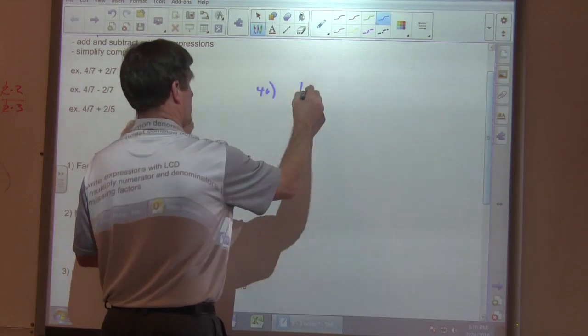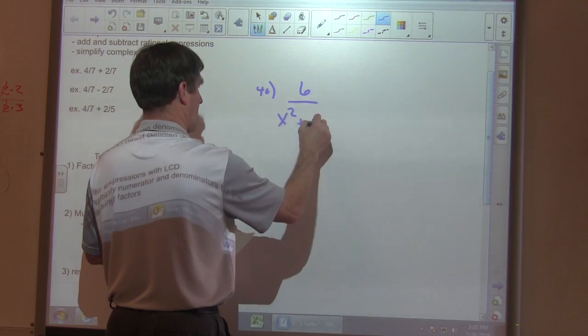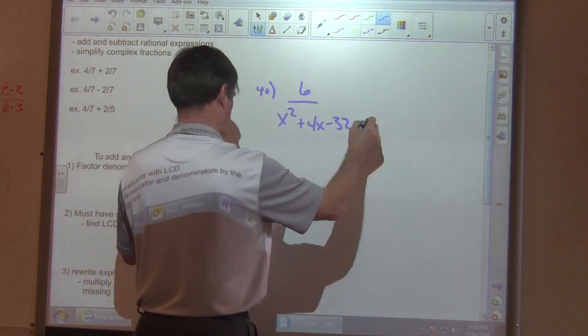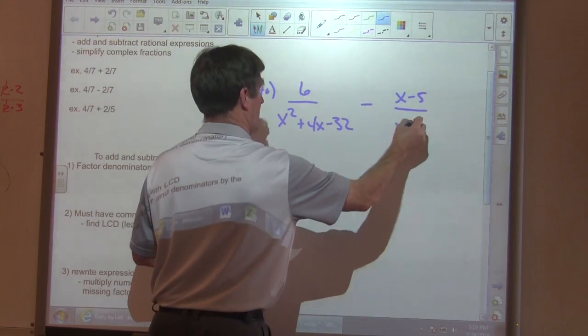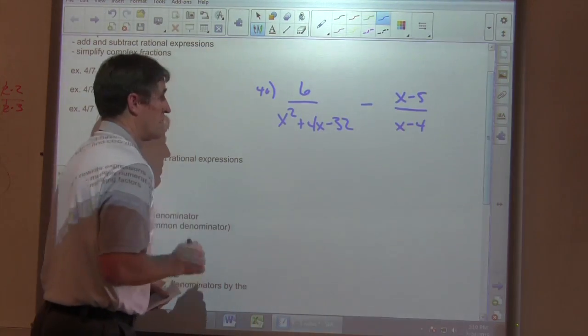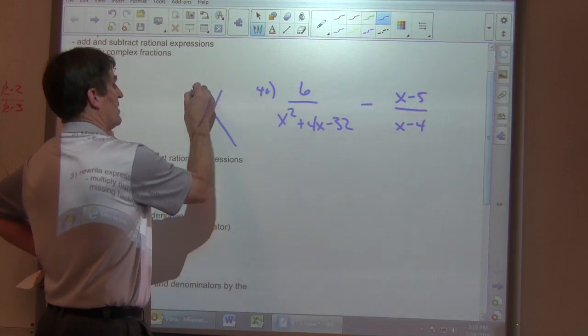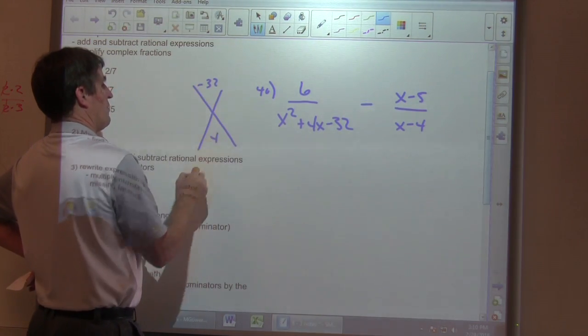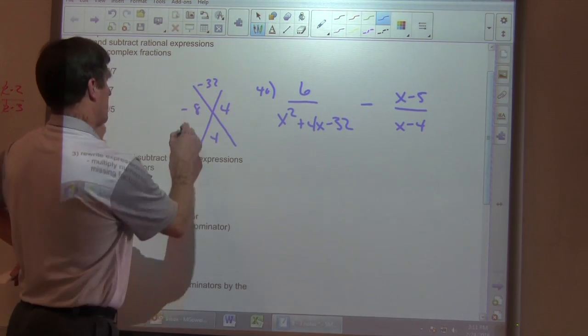40 says 6 over x squared plus 4x minus 32 minus x minus 5 over x minus 4. So we got to factor this. Negative 32 and 4. So that would be negative 4 and positive 8.